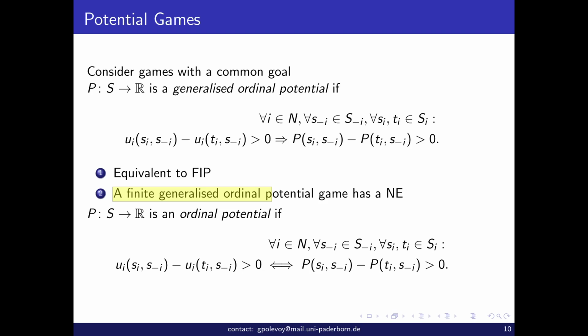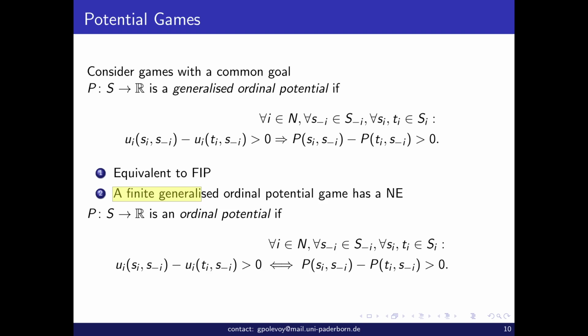Then the function P has a maximum, and at the strategy profile where P achieves its maximum, no player can strictly increase her utility, which means that it's a Nash equilibrium.